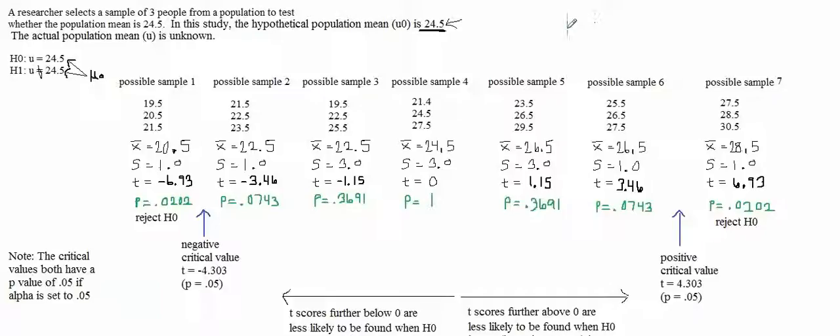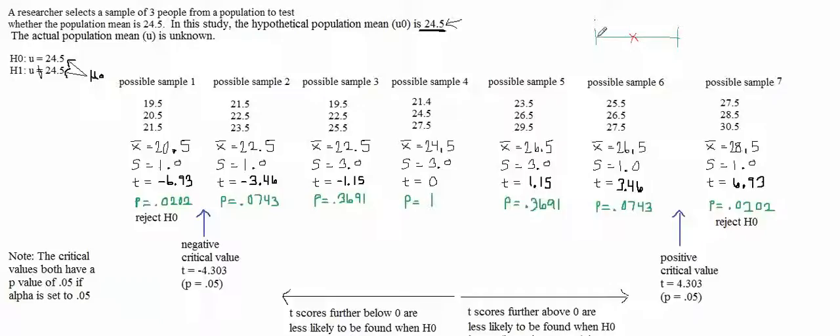And I wanted to make a diagram to make that point. Let's say that the actual population mean, which is unknown to the researcher, is this x right here. If the sample was randomly selected, the sample mean is more likely to be close to the population mean and is less likely to be further away from the population mean.